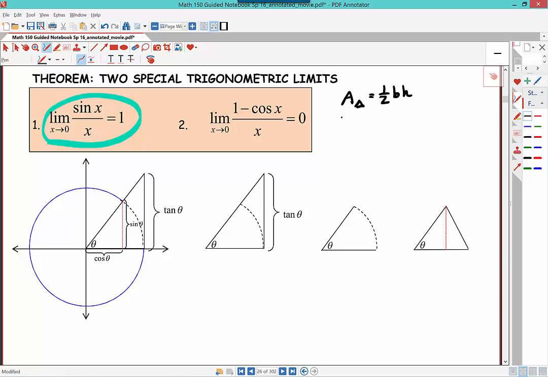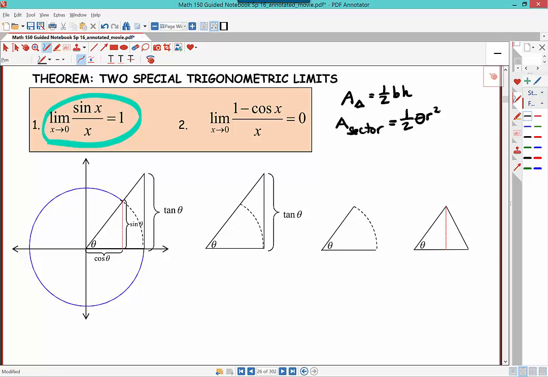We'll be using the area of a sector is equal to, do you guys remember that one? Good, 1/2 theta times r squared. Now, theta has to be in radians, so be careful with that.